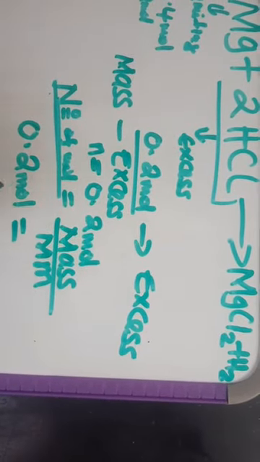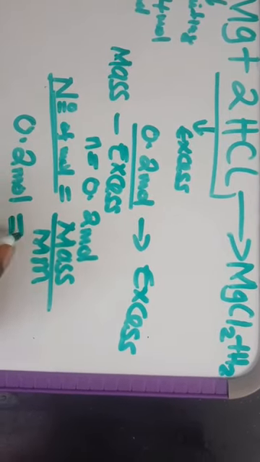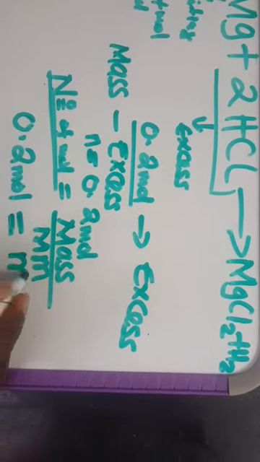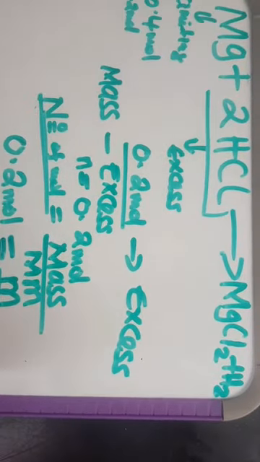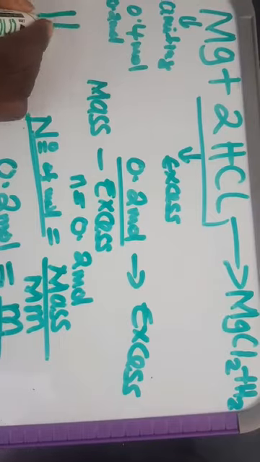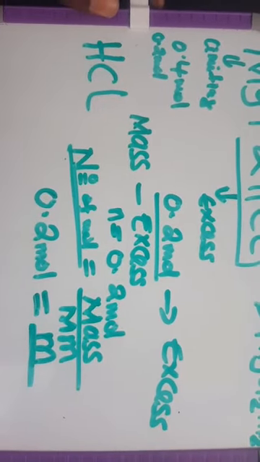So we need to convert the 0.2 moles into the mass. So we'll say we're finding the mass over the molar mass of our substance which is in excess. Hydrochloric acid is the substance in excess. So you need to find the molar mass.